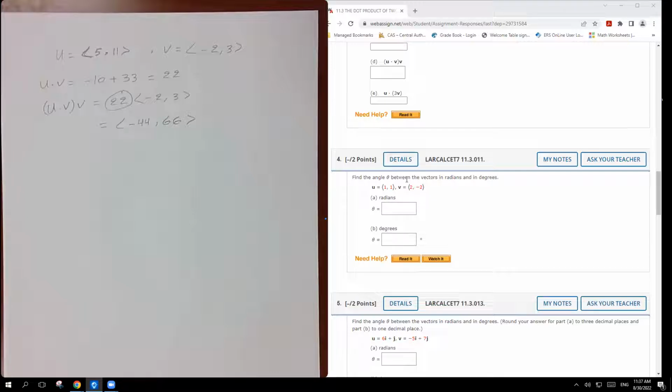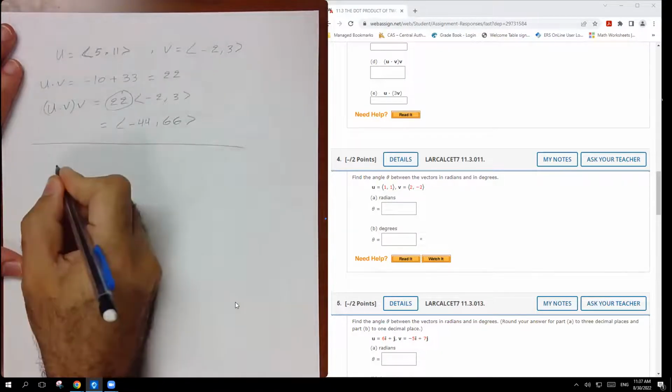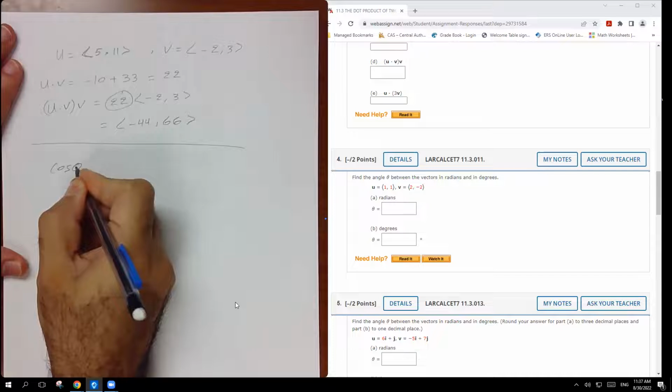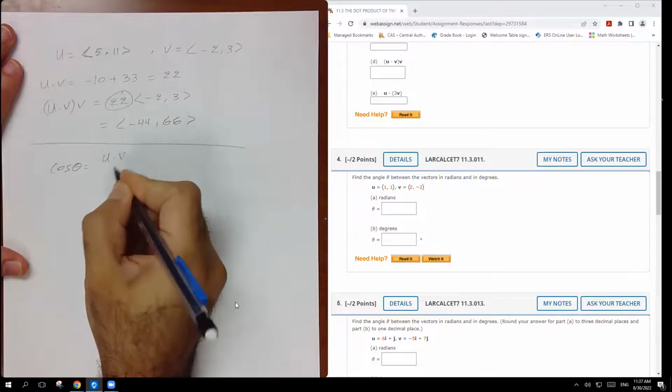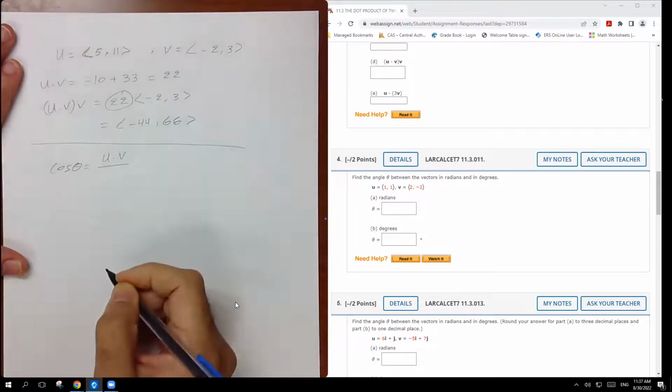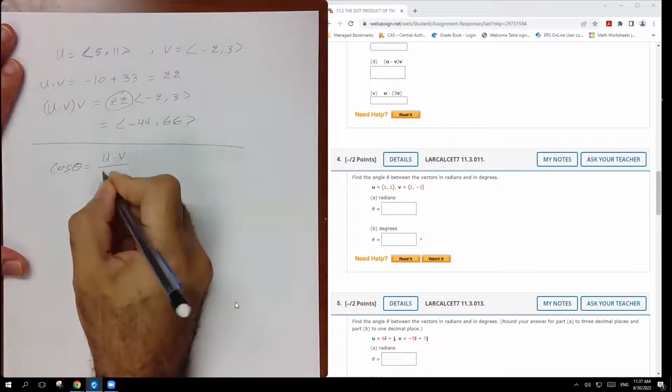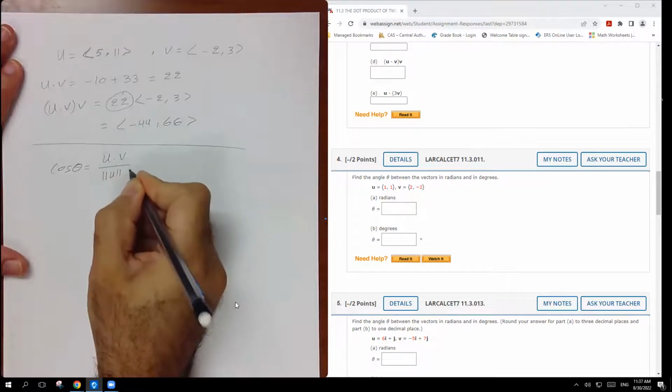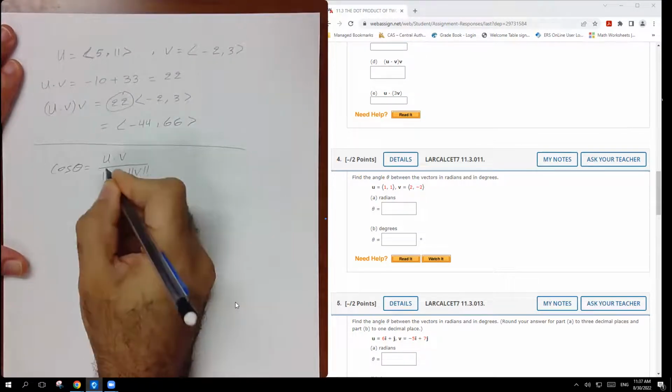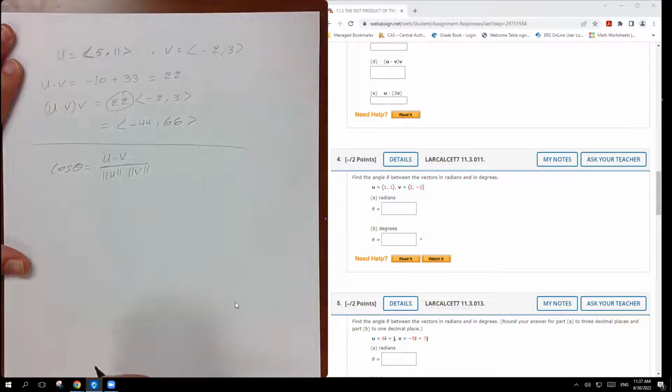Find the angles theta between the vectors in radian and in degree. How are you going to find the angles? Cosine theta is going to be the dot product between u and v, divided by the length of u and the length of v. This is the rule.